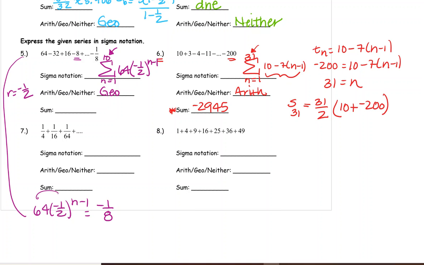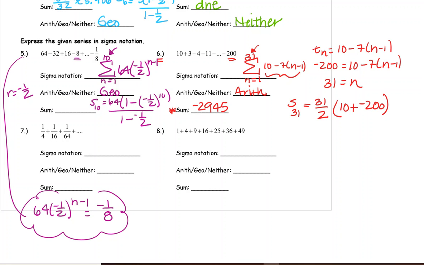You could check that here if you wanted. You can plug in a 10 for the n and do 64 times -1/2 to the 10 minus 1 and see that it equals -1/8. And then again, the sum is a previous formula. So S sub 10 would equal the first term times 1 minus r, which is -1/2 to the 10th, over 1 minus r.